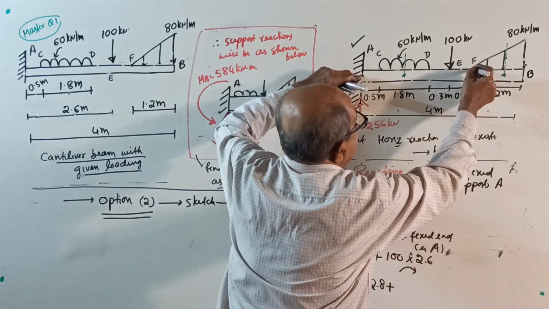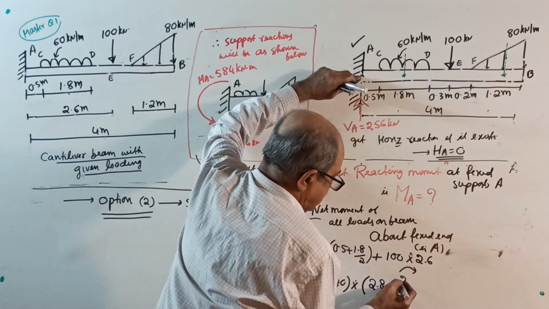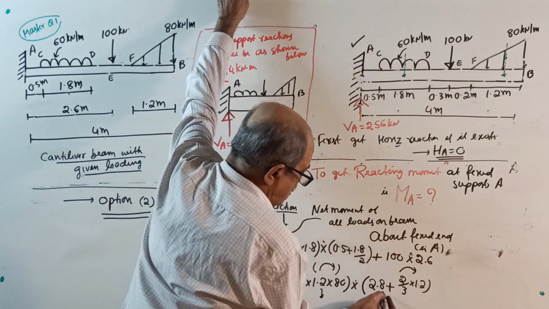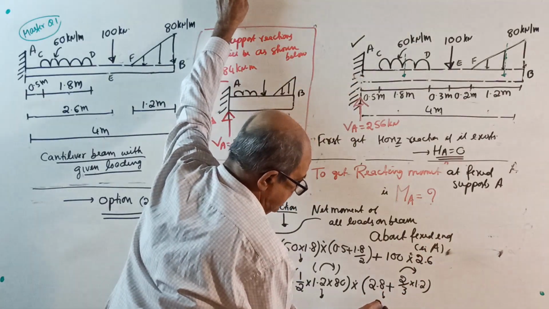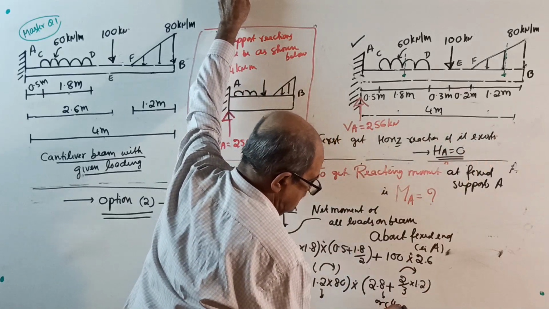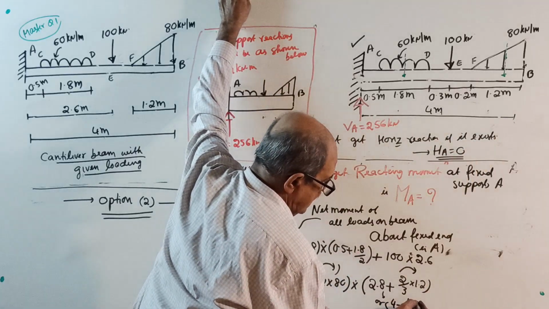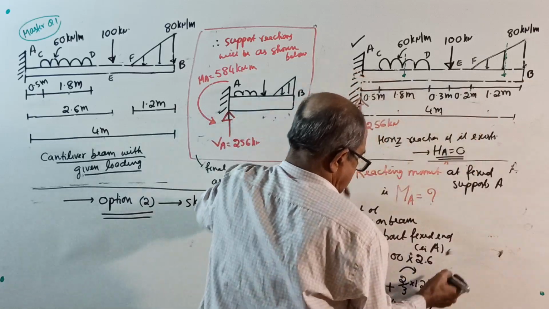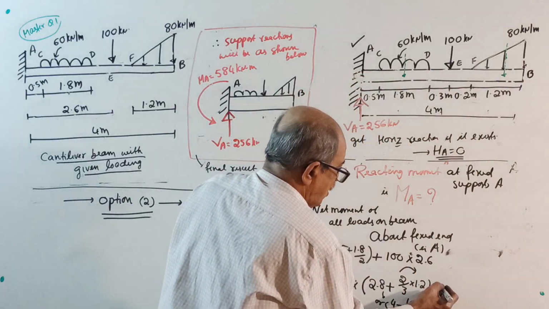another from here to here is 2 by 3 of 1.2, or you can tell one more thing: from 4 subtract 1 by 3 of 1.2. That also will do. Now this also clockwise.